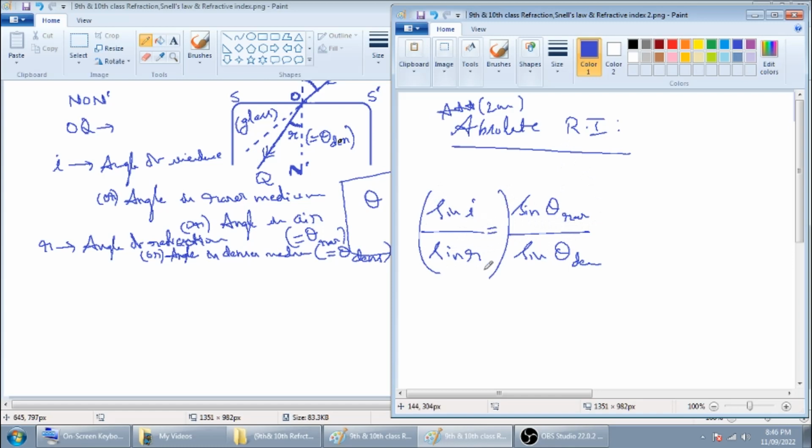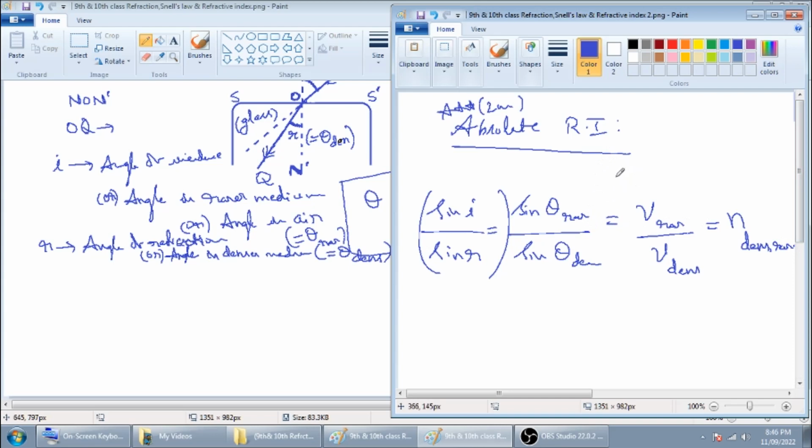So sine i by sine r, which is sine theta rarer by sine theta denser, is simply equal to the velocity of light in the rarer medium divided by the velocity of light in the denser medium. Simply it's called the refractive index of the denser medium with respect to the rarer medium.